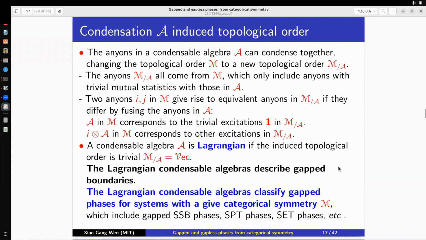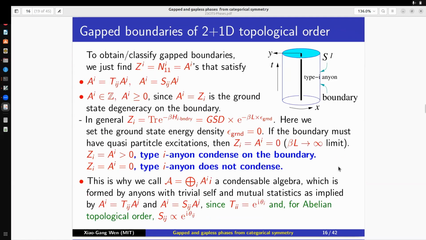So the picture is that if you condense the maximal set, we get a gapped boundary. However, there are also other condensed algebras which are not maximal. It's a subset of anions with trivial mutual statistics, but not the maximal set.